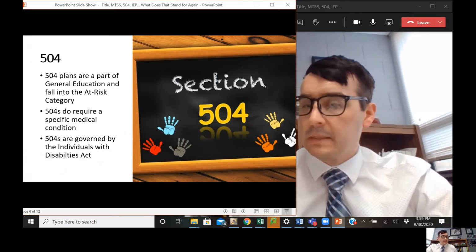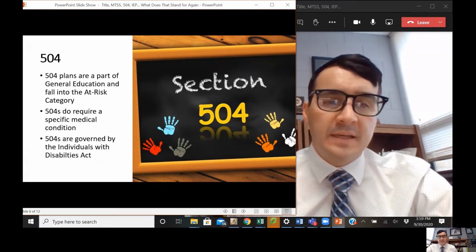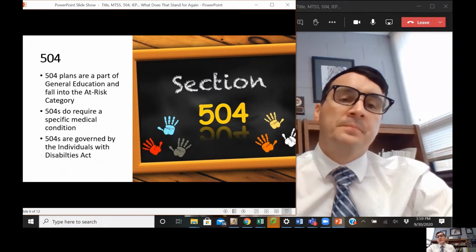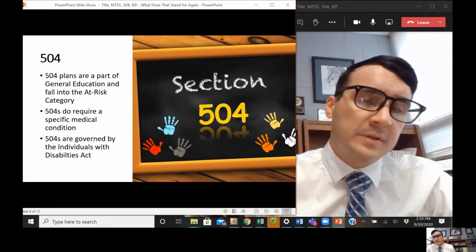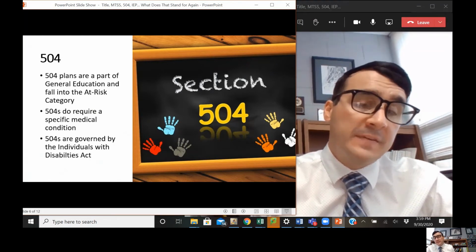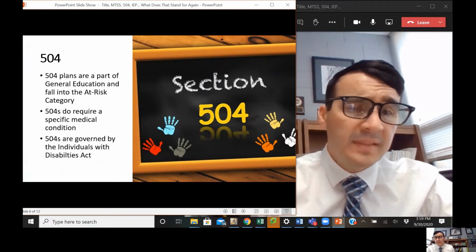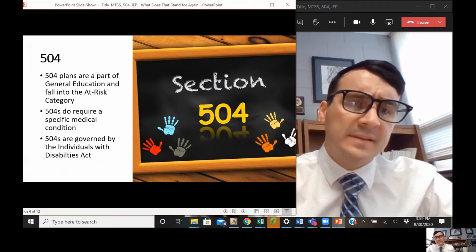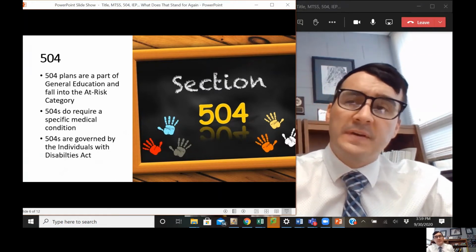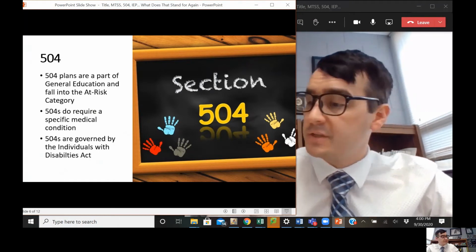So within 504, it's also important to note that a lot of times 504 students can piggyback off special ed services, meaning that if you have a student receiving some special intervention and they're on an IEP and there happens to be a 504 student that can benefit from the same intervention, they can receive that service at the same time. But it's important to note that 504s aren't intended for curriculum modifications.